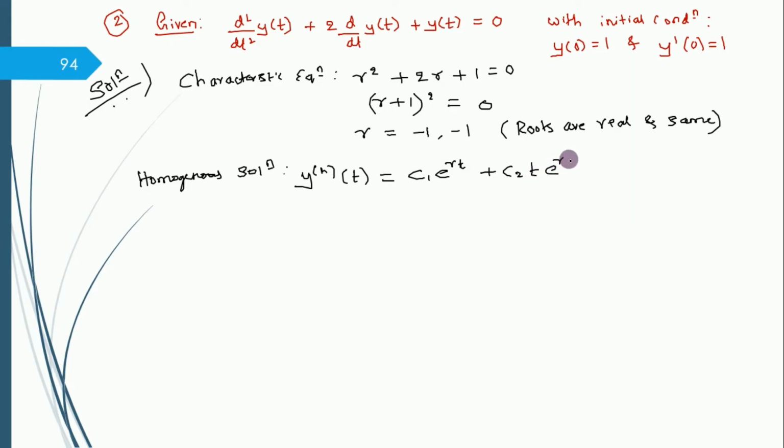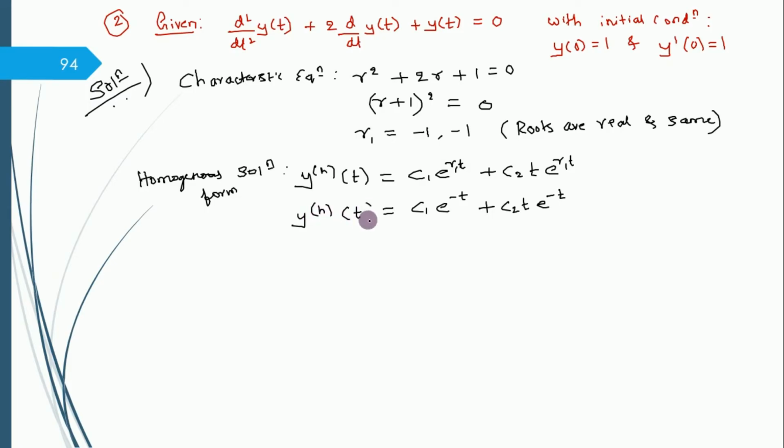Both mean the same. Let me write it as r1 and r1 because both are the same. This is the homogeneous solution form. Now I need to substitute the actual r, that is C1 e raised to minus t, since minus 1 into t is minus t, plus C2 into t e raised to minus t. This is your homogeneous equation.